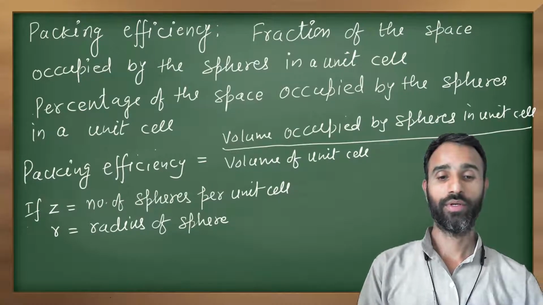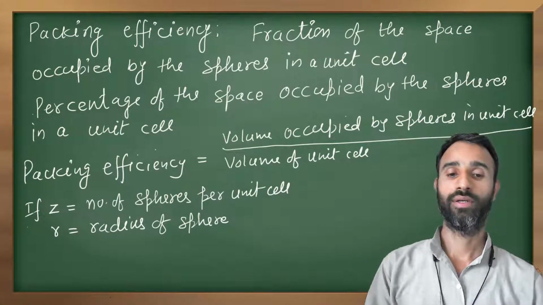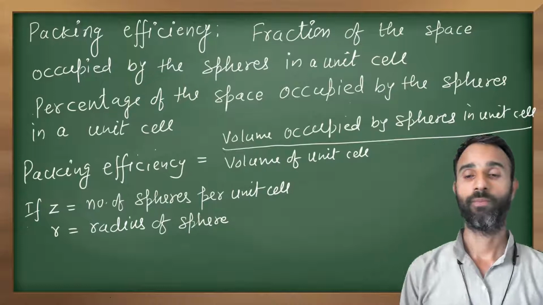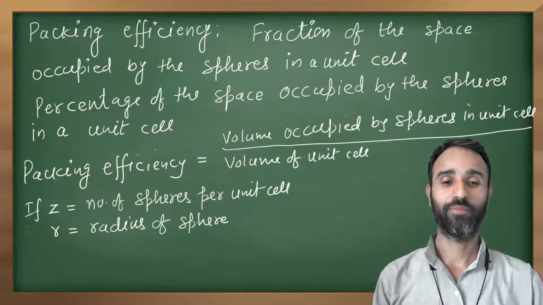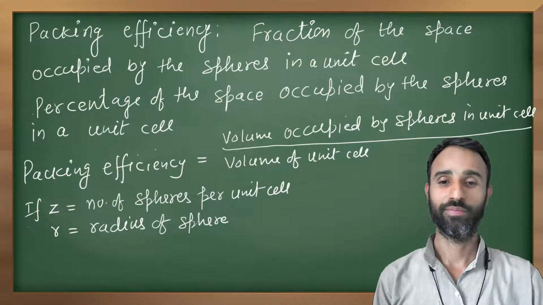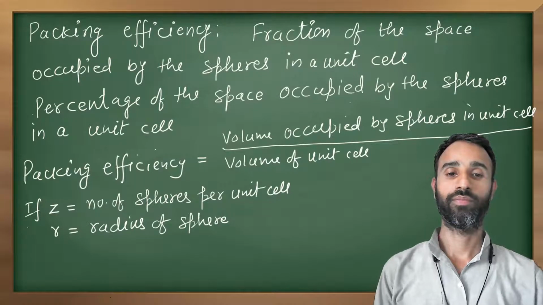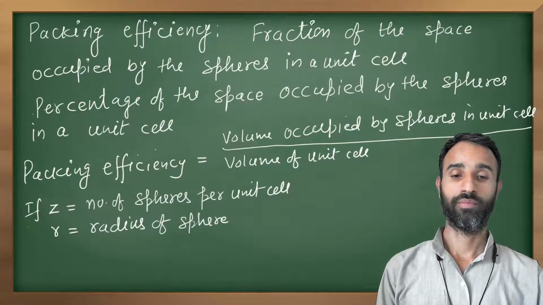Can you tell me? If Z is the number of spheres per unit cell and R is the radius of a sphere, then what is the volume of each sphere?